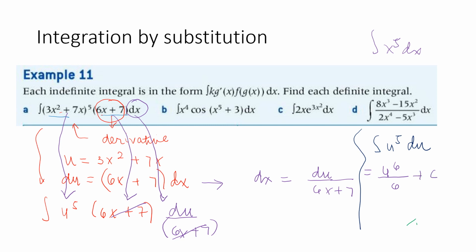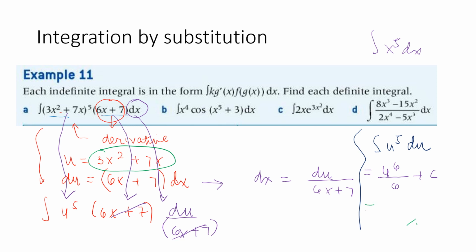It's going to be u raised to 6 over 6, then plus c. Why plus c? Because we are dealing with an indefinite integral. But looking at the given, there is no u there. Instead, what we have is a function with variable x. So we are going to substitute back the u, which is this.